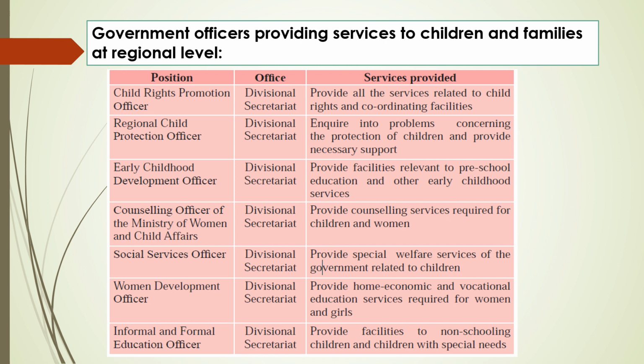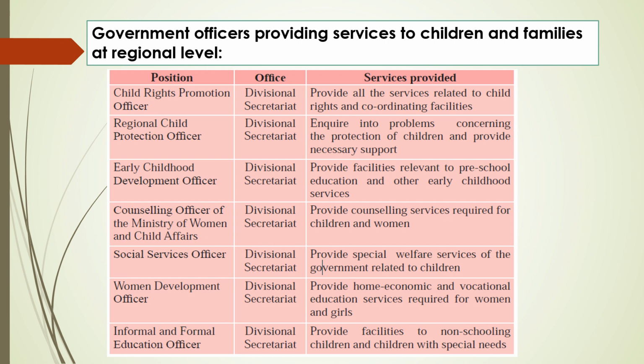And Women Development Officer, whom we call WDO, provides home economic and vocational education services required for women and girls. The next one, Informal and Formal Education Officer, provides facilities to non-schooling children and children with special needs.